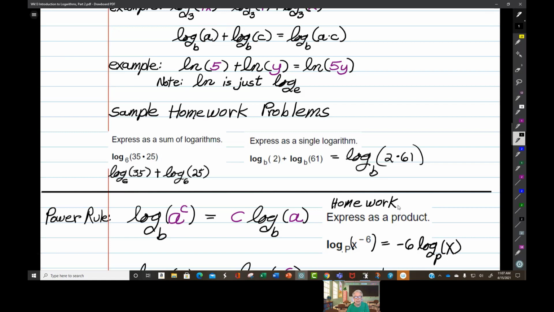And depending on the instructions under the answer box, if it says do not simplify, this is your answer. If it says simplify, then that's going to be log base 6 of 122. And that's using the product rule.